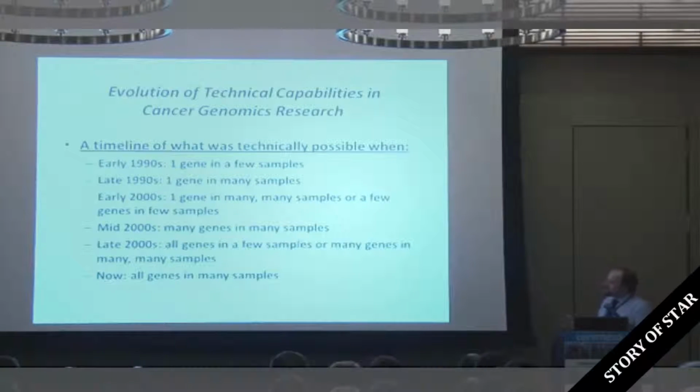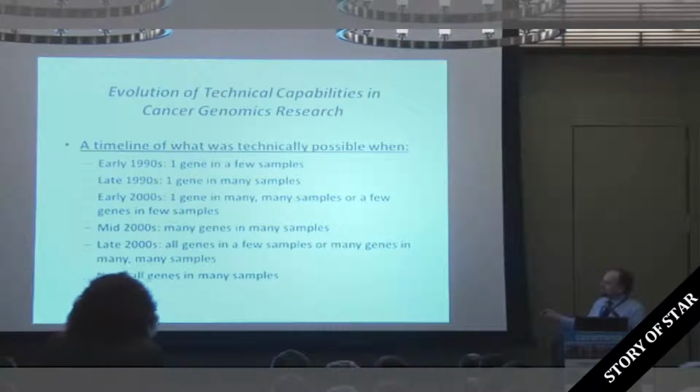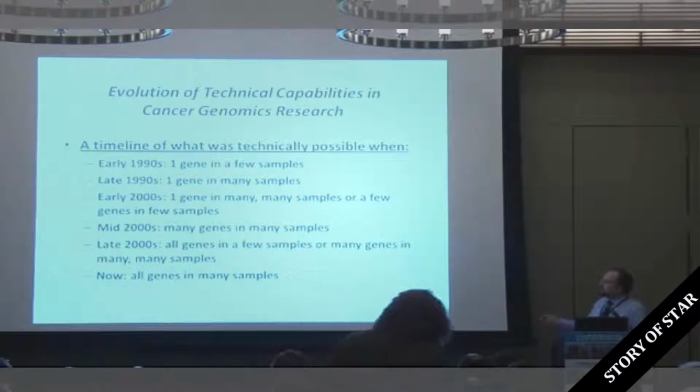And here's a little timeline of what we've been able to do in the lab over the years. In the 90s, it was a big deal if you could determine the sequence of one gene in a few samples or even a few dozen samples. Then we were technologically able to establish the mutations in many genes, in many samples.